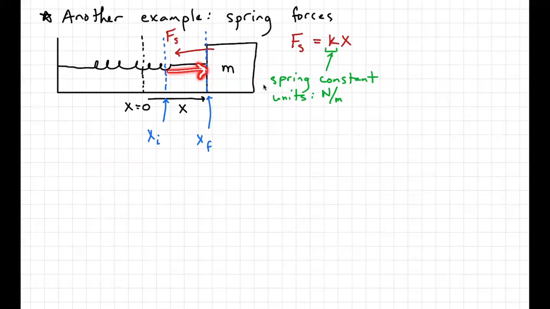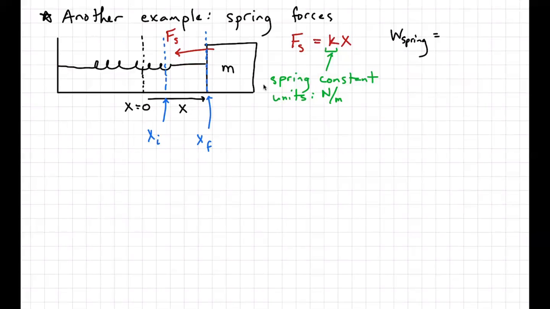I want to know how much work the spring did along that path. So really this is a one-dimensional problem. The only dimension I'm considering is the dimension along the spring. We could think about how to generalize this into more dimensions, but for right now, we're just considering a one-dimensional problem, the x dimension.